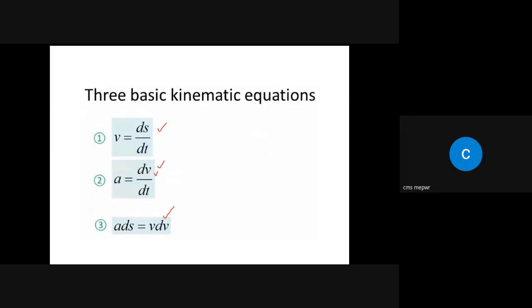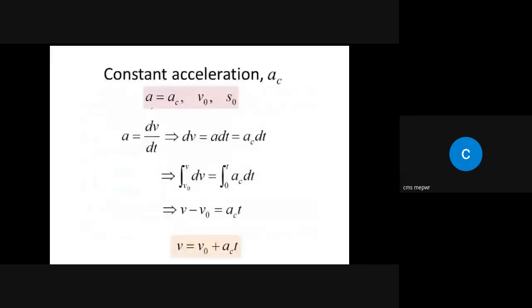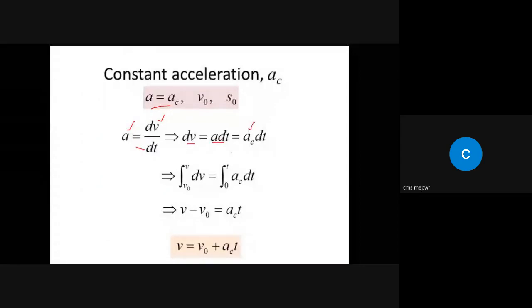a is equal to dv by dt. In this case, acceleration is constant. Let's move this dt over here, so dv is equal to a dt, where a is the constant acceleration. Take the integral. Since a is constant, it remains as it is and has no impact on the integral.